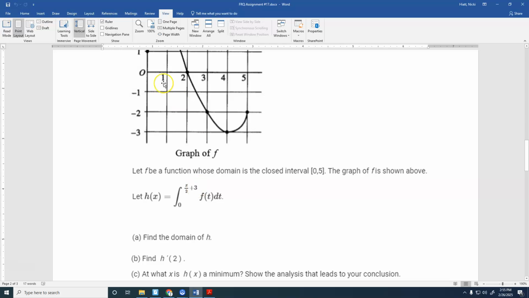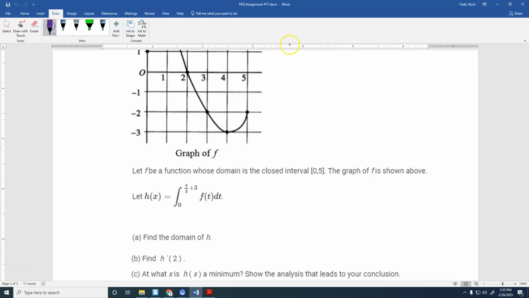All right. So for this function, first of all, for a graph, what does it mean to find, for example, if I want the integral from 0 to 2 of f of t dt? What does that mean?